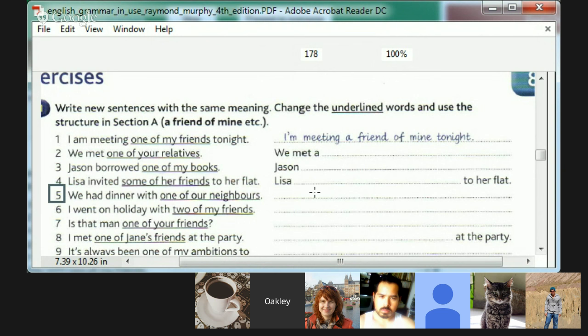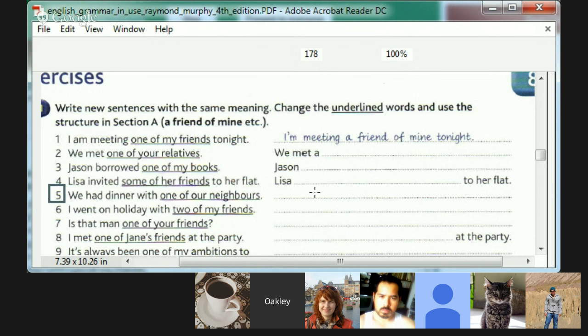You can just use a instead of one of. I guess you could say one of the neighbors of ours and be grammatically correct, but it's way more complicated than just saying a.